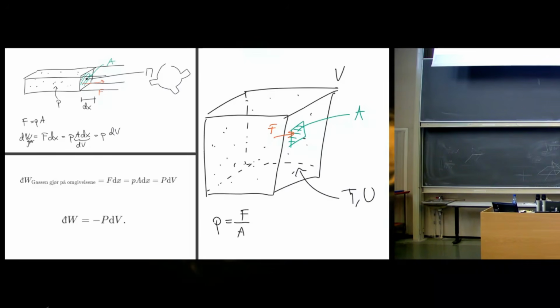Which is why the work that we are doing to the gas is minus PdV. So if the gas is actually expanding, if dV is positive, it means that the work is negative, which is why we have this negative sign here.